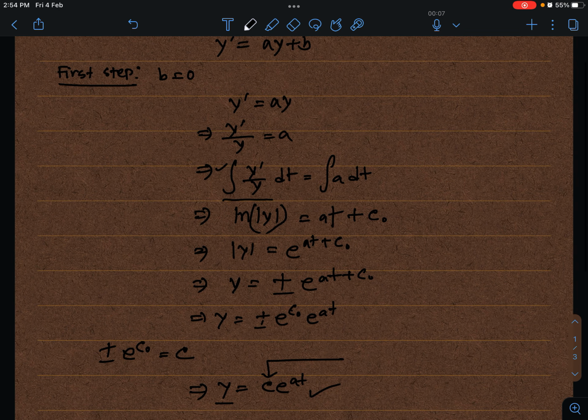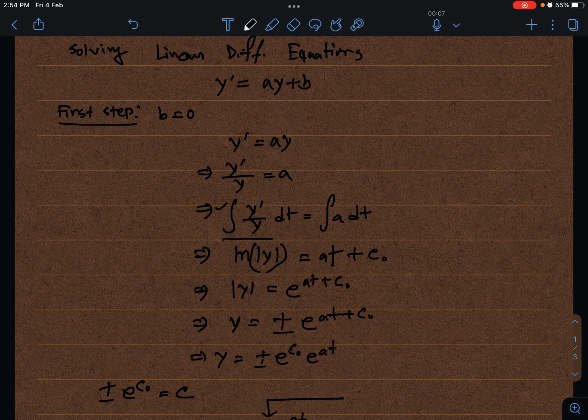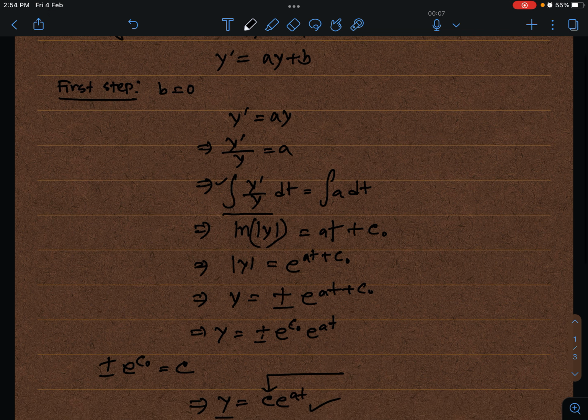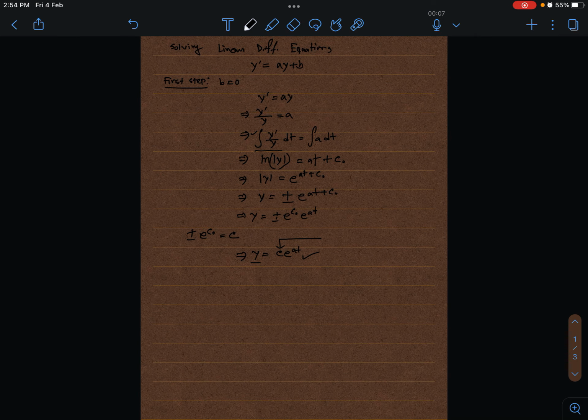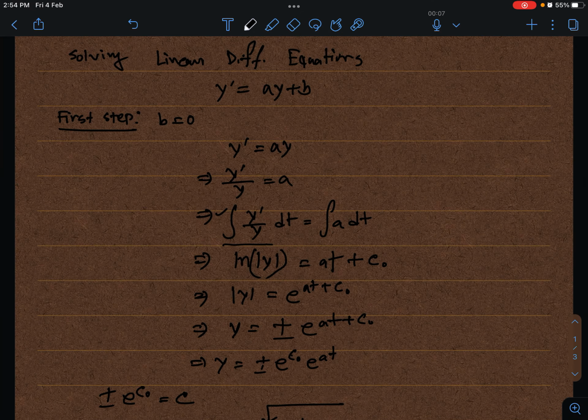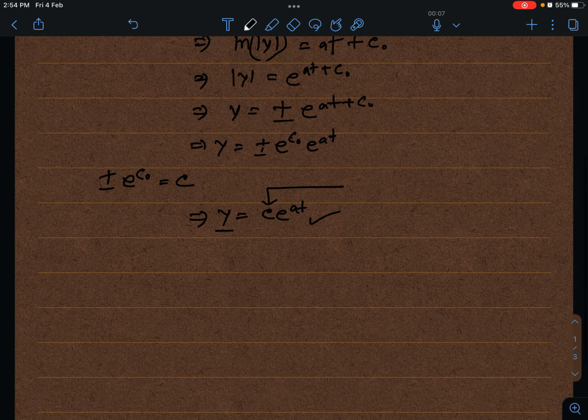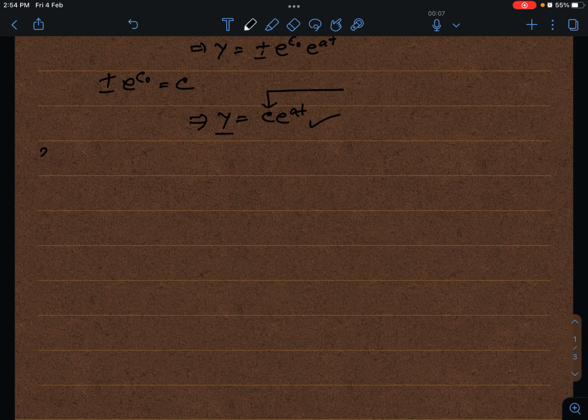Now the second step. In the second step, b is not equal to 0. That means we have y prime equals ay plus b, right?